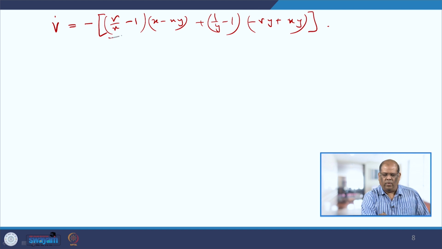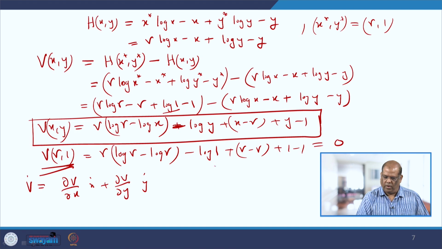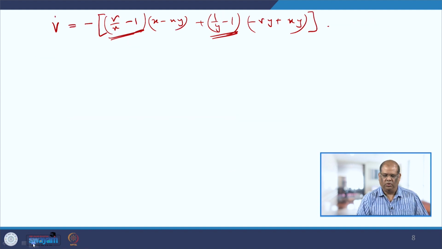It will be easy to calculate del V del x and del V del y from here, and you just substitute it here, and your x dot and y dot you get from the given differential equations.